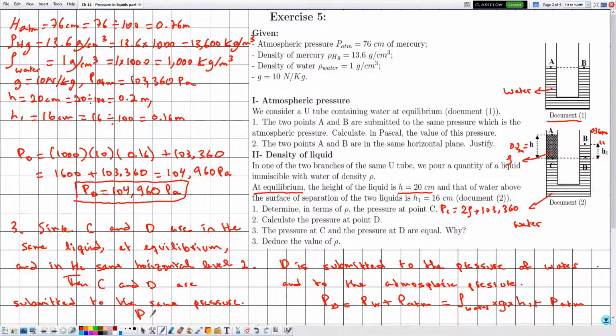So the pressure at the point C is equal to the pressure at the point D. And here let me write that the pressure at the point D is given by 104,960 Pascal.